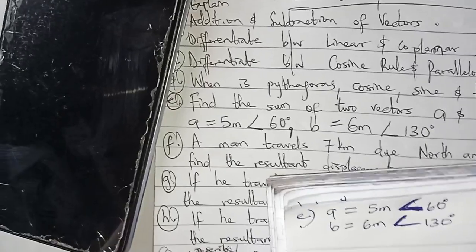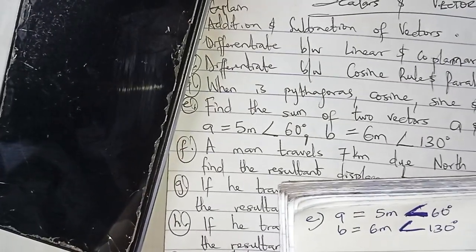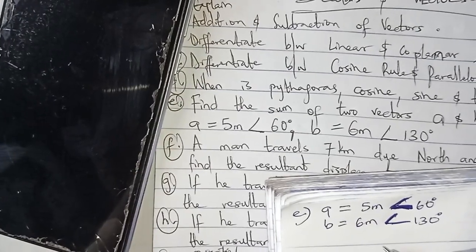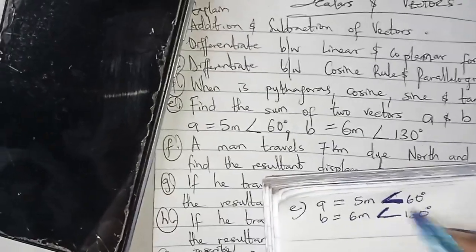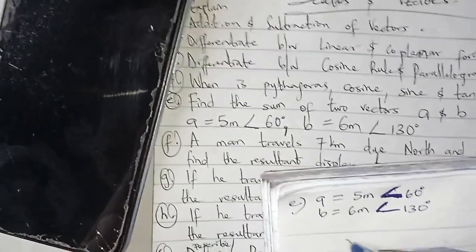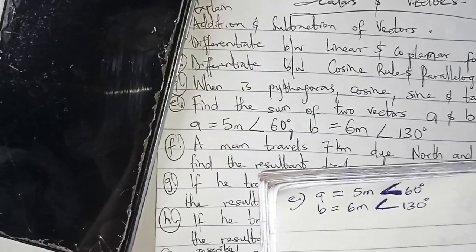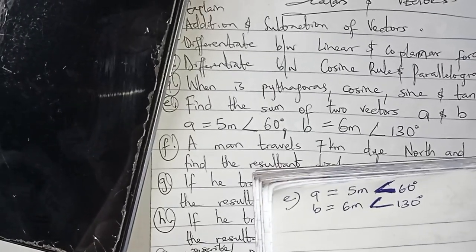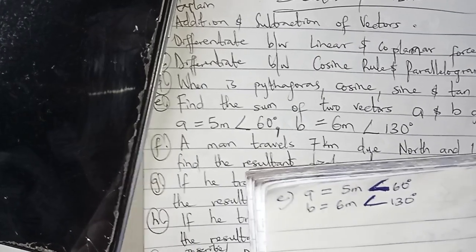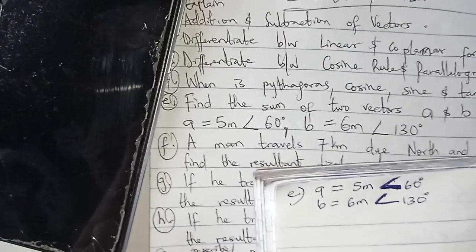So if I know this, you will now have a situation of saying let A be, first of all, to find this, let my A be 5 meter. Let's say I have a 5 meter line. Then they said angle 60 degrees.